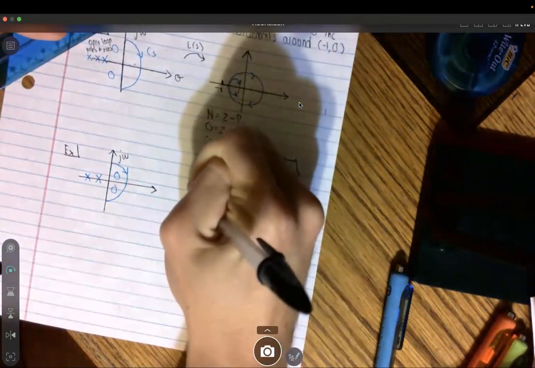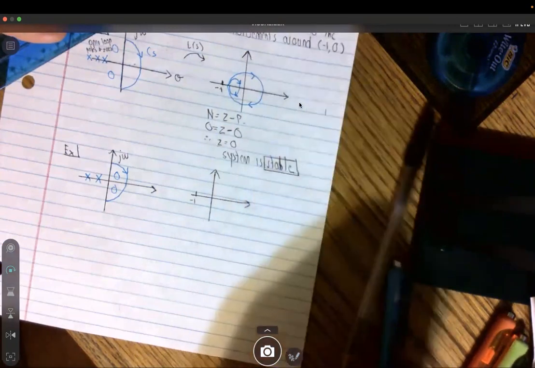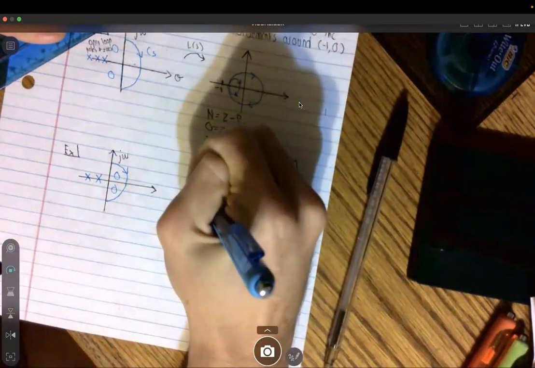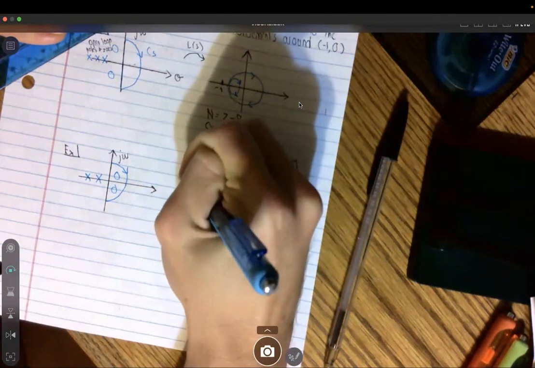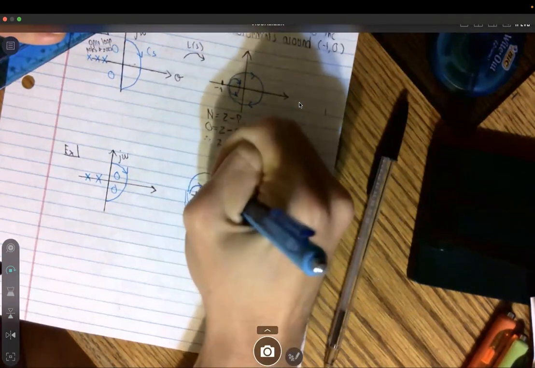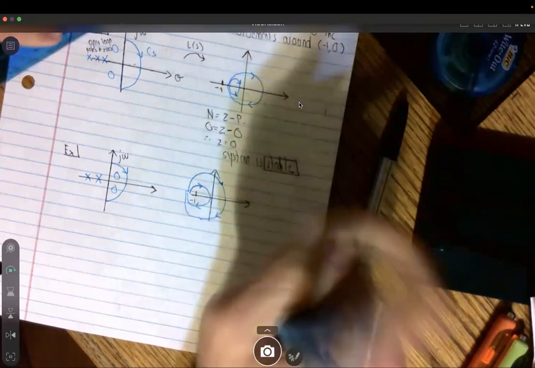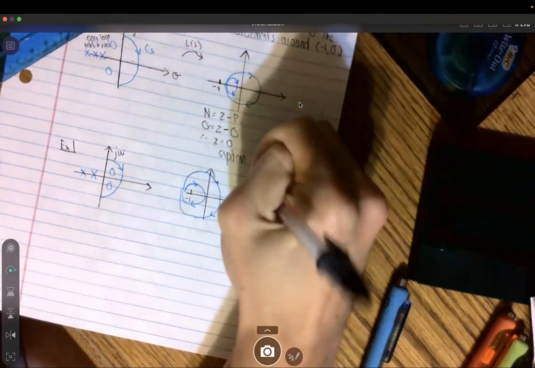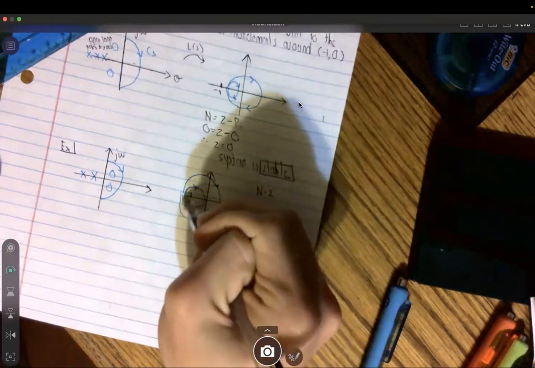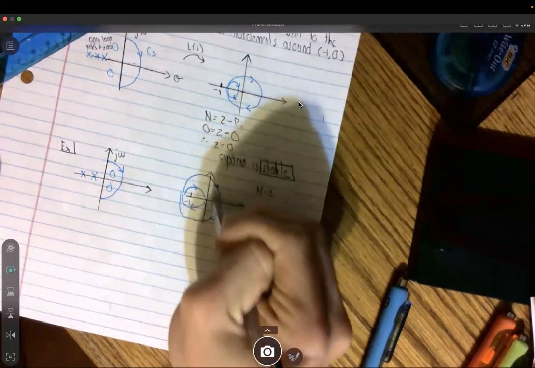We have the point -1. And this one's going to go over this way, and this one's going to then go over this way. So the number of encirclements we have here in the f of s plane, N, is going to be 2. It's circled around -1 once, twice.